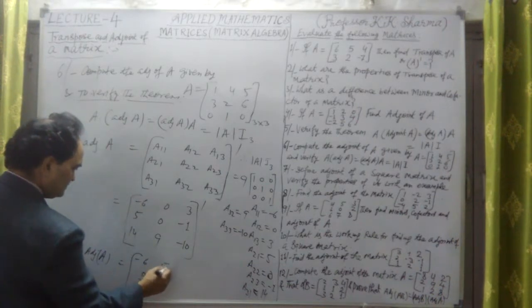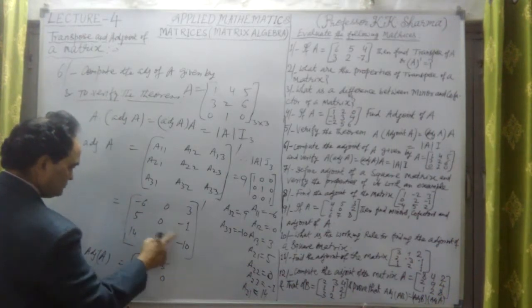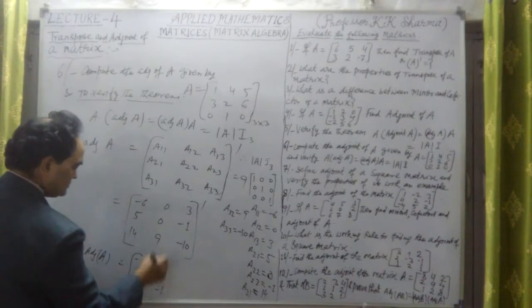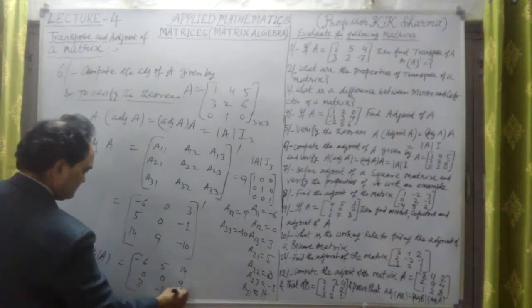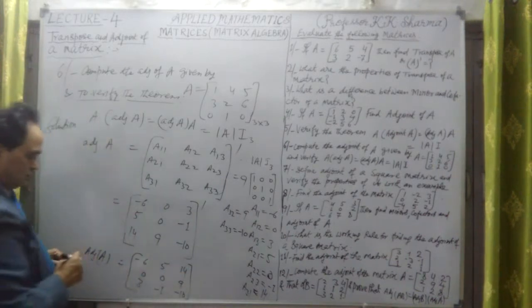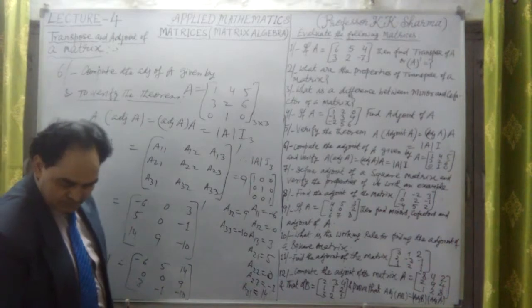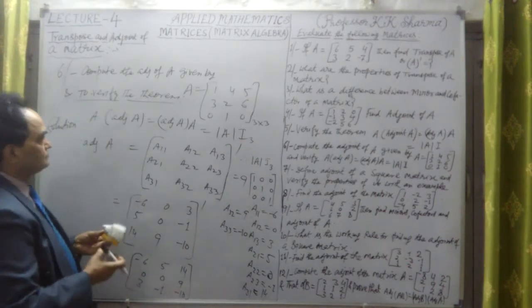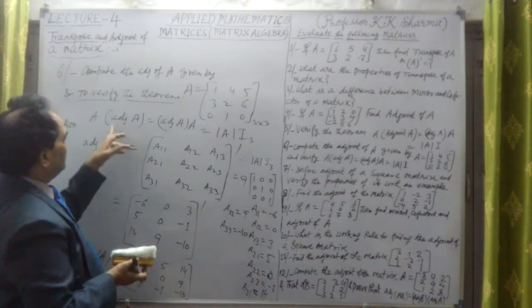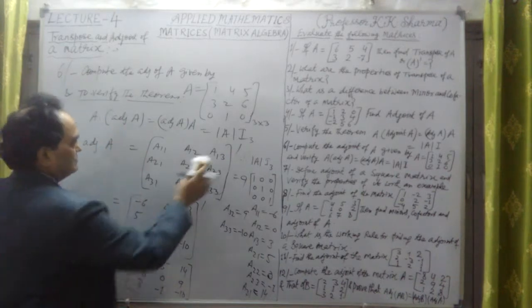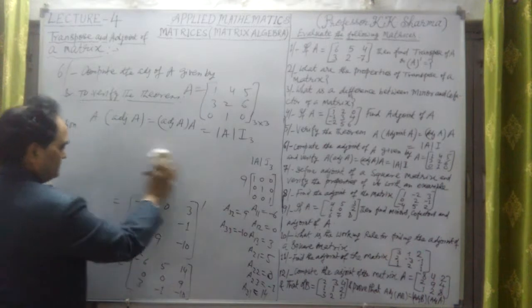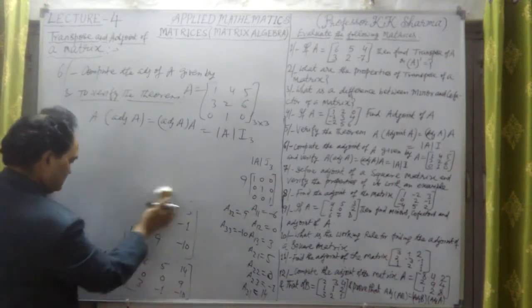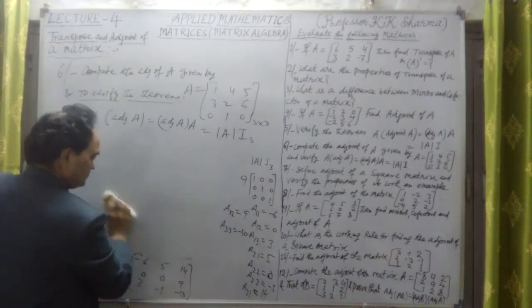This is 5 0 minus 4, then the last row is 14 9 minus 10 here. Because this is adjoint of A. Now let us find A into adjoint of A, left hand side. So this is the adjoint of A we have calculated, final value.